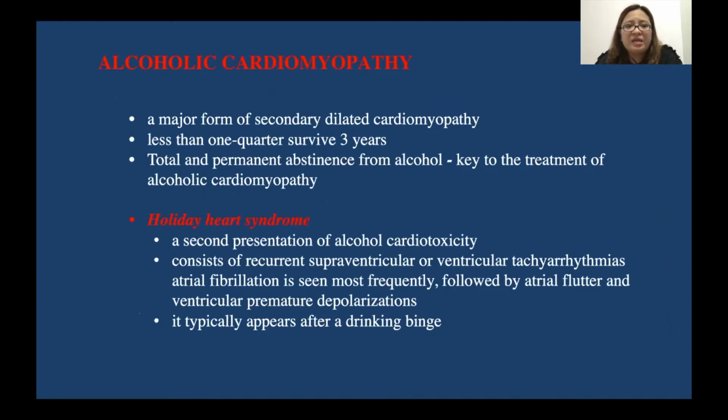The term holiday heart syndrome is a second presentation of alcohol cardiotoxicity. It typically appears after a drinking binge. This consists of recurrent supraventricular or ventricular tachyarrhythmias such as atrial fibrillation. It can be followed by atrial flutter or presence of premature ventricular depolarization.